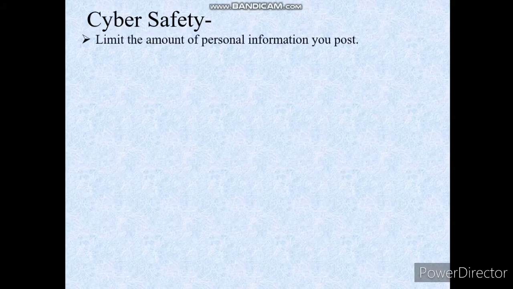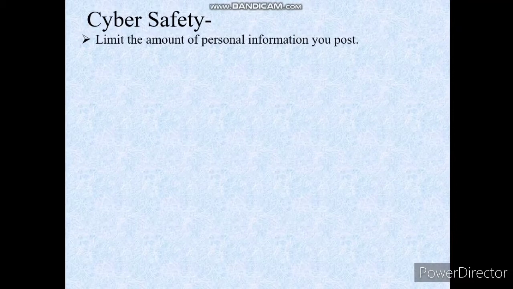First, limit the amount of personal information you post. Whatever personal information you post on the internet must be very limited. Do not disclose all your personal information on the internet. Always remember that the internet is a public resource.